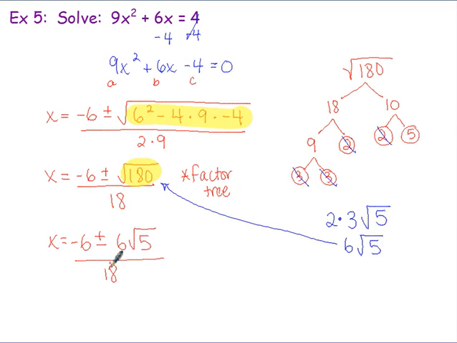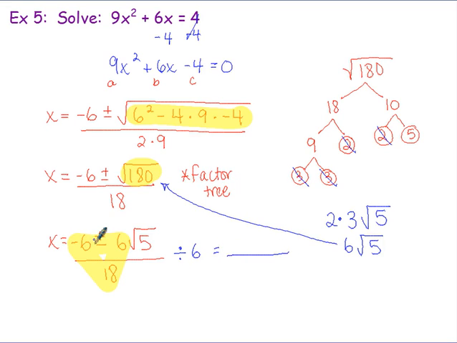This is where you needed to do your triangle. So you were looking at negative 6, positive 6, and 18. What can negative 6, positive 6, and 18 all be divided by? And the answer is 6. So we are going to divide the 3 numbers in the triangle by 6.